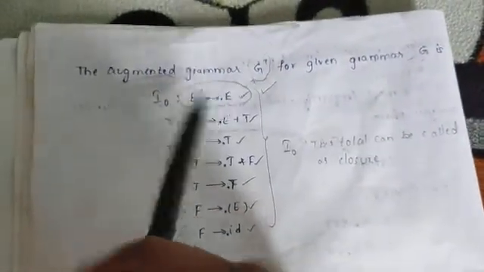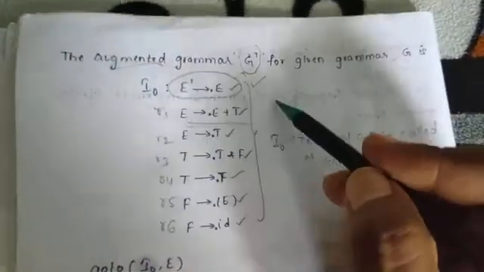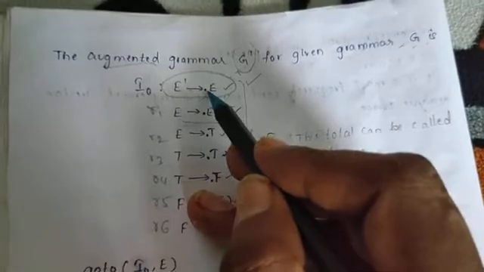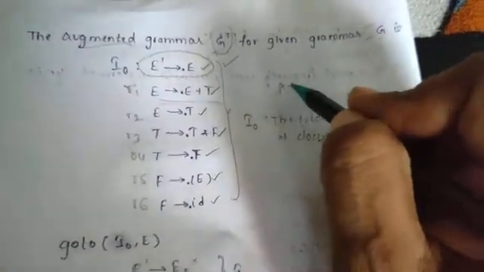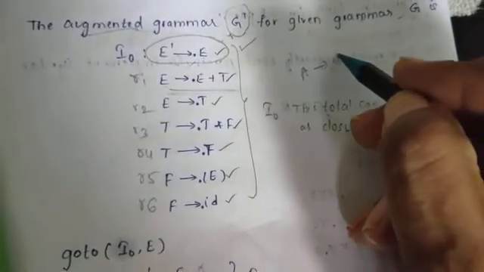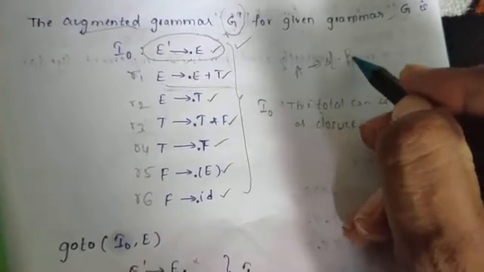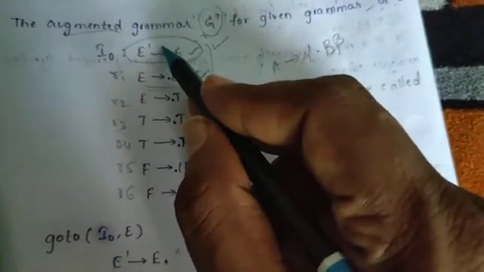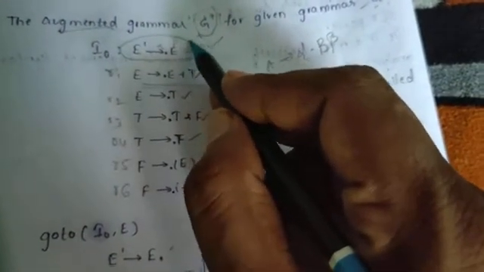While writing this, first E dash tends to dot E will be considered. While this is like A tends to alpha dot B beta, like that. Why? Because here this is alpha, this is B, this is beta.